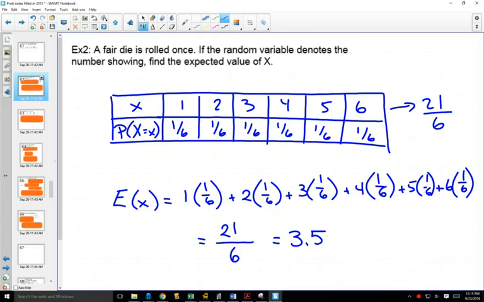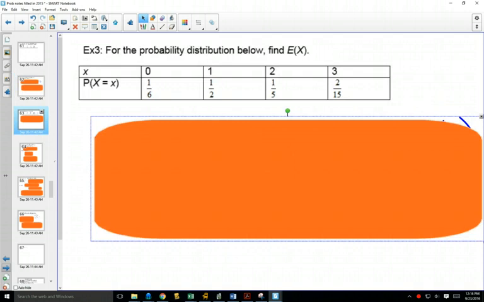So some of these questions, you can think about them and create an actual situation and find out the average, or you can use the formula and say each event times its probability to figure it out. So here's one for you to try.